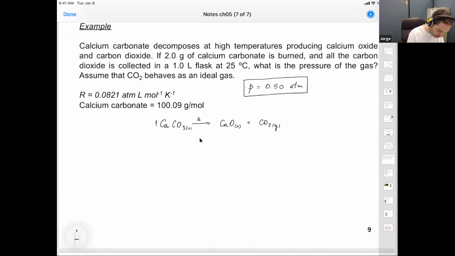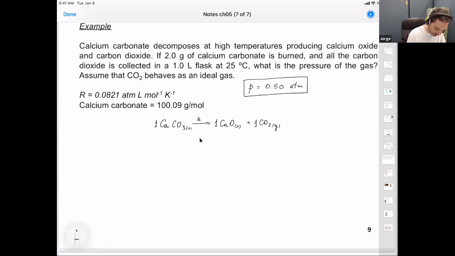Very simple reaction. All the stoichiometric coefficients are 1. So we have a direct relationship in moles, okay? Remember that the chemical reaction shows you the proportion in moles.